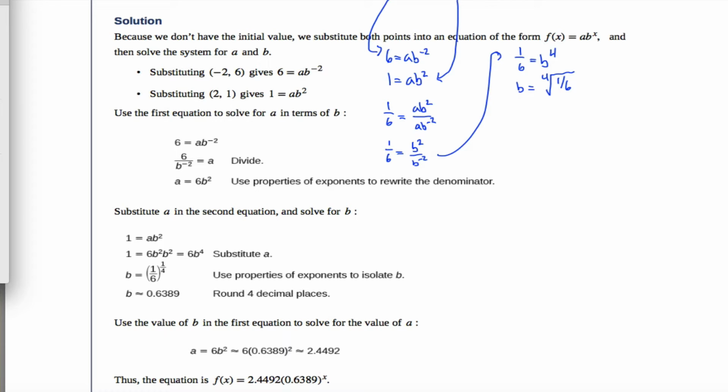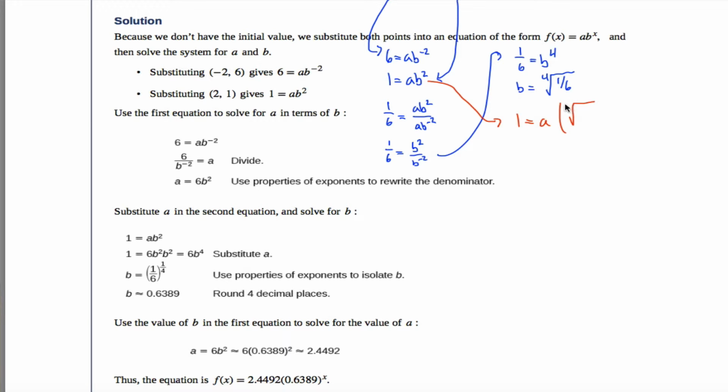I can now grab this equation and say, okay, 1 is equal to a times b squared. So 1 is equal to a times the 4th root of something. Let me write this. This is probably more steps than you have to show, but it might help make things make sense.